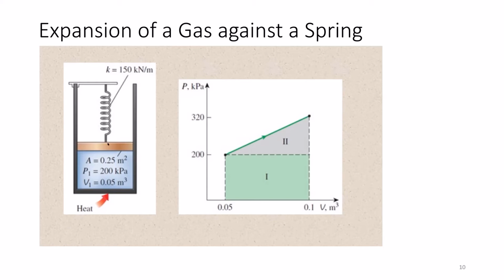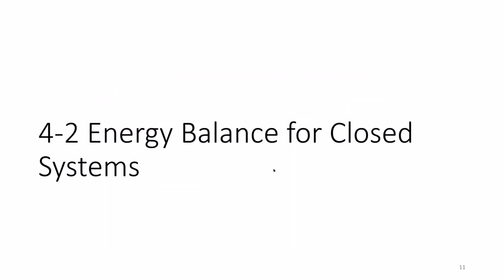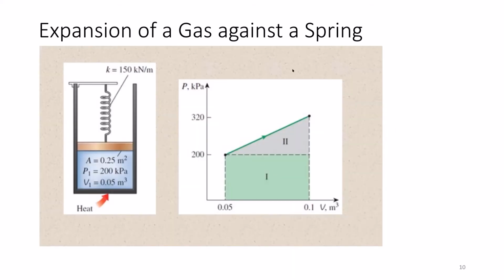And so heat is added to here, and what happens? The volume expands, pushing up on the spring. And if we determine the work here, we have just the areas under these curves. Okay, and that's pretty much it. But we'll take a look at some examples also of each of these.